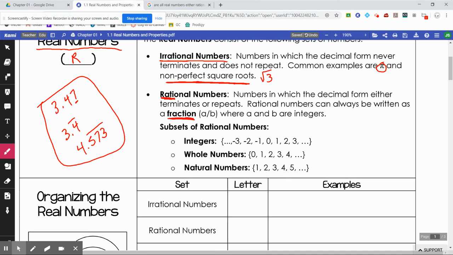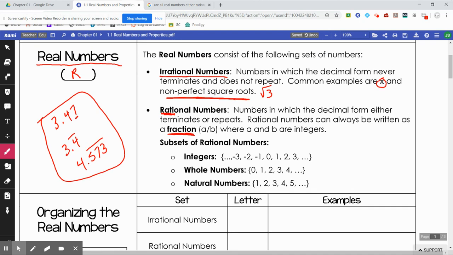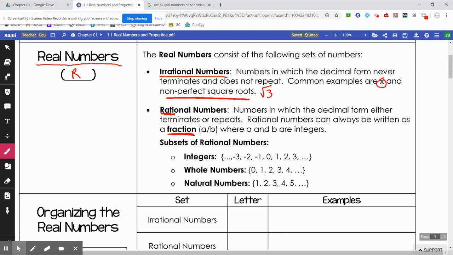Now, if something is rational, we have some subsets here. So if something is rational, it could also be an integer, it could be a whole number, it could be a natural number, and you have some examples of each of these. Your integers are your positive and negative whole numbers, meaning there's no fraction or decimal parts. You have positive 1, positive 2, positive 3, 0, negative 1, negative 2, negative 3, and the dots here tell you that those sets go on forever.